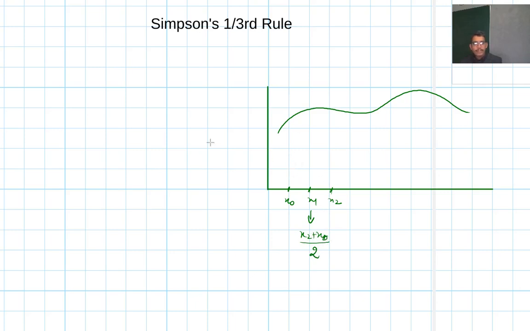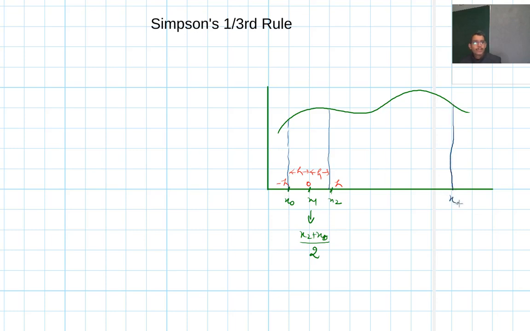So that means this separation is h. This is also h, and if we call this point 0, then this point will become minus h and this will become plus h. And we have to find the complete integral from here to here.